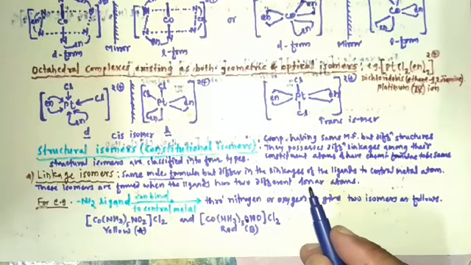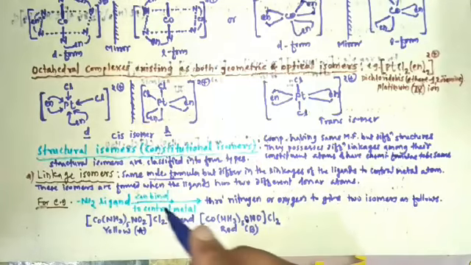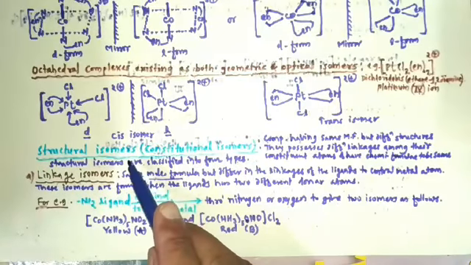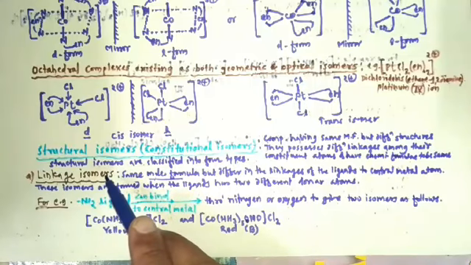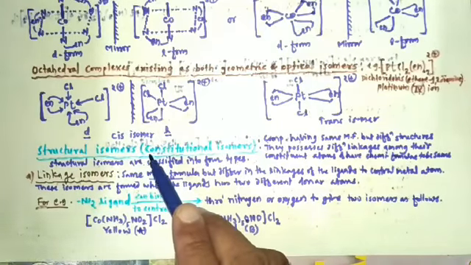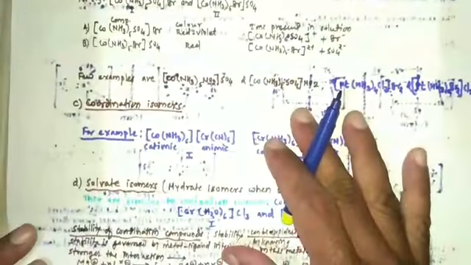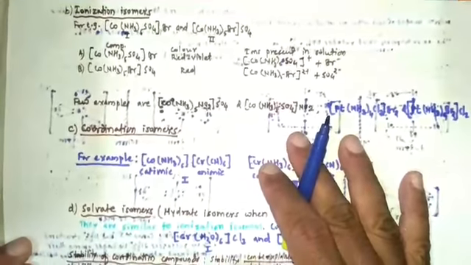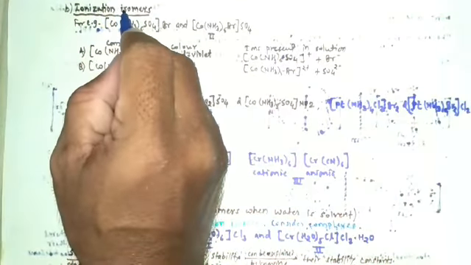So here we finished the first structural isomer, and that structural isomer is linkage isomer. Then let's study the next isomer. The next isomer is ionization isomers.